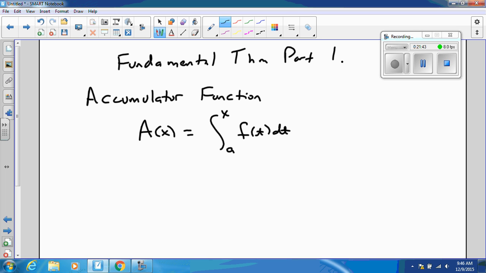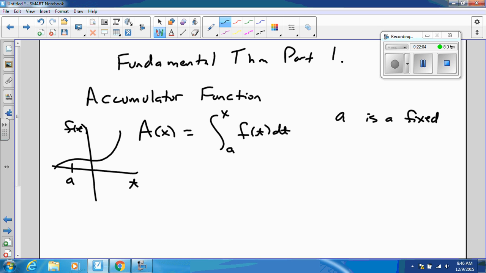What we have is some function f, graph shown here, and we're going to pick a starting point a, shown here. Notice that the starting point a is a fixed constant, such as 0 or 2 or the square root of e.